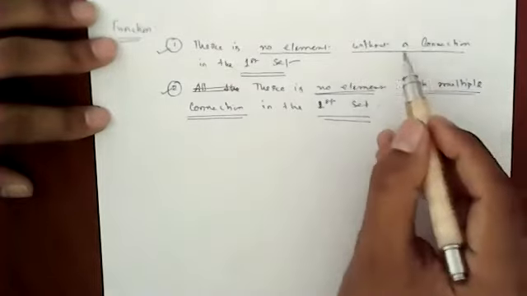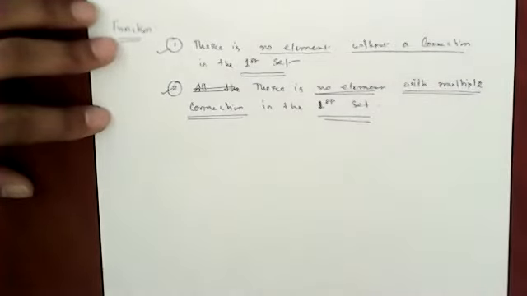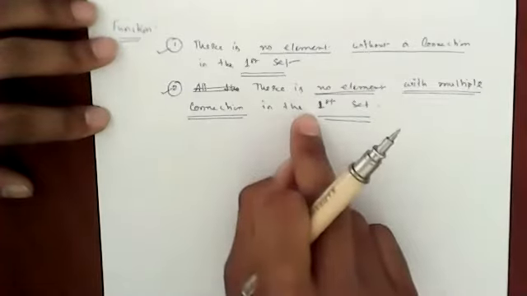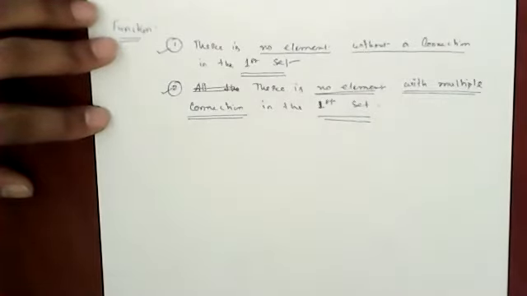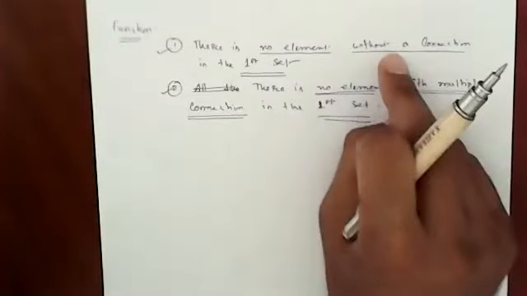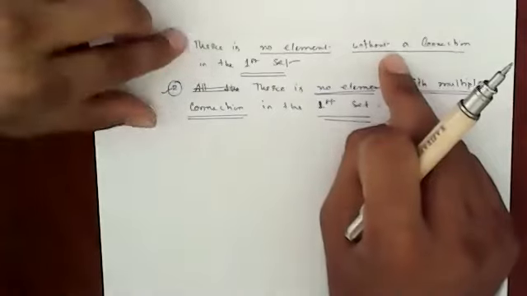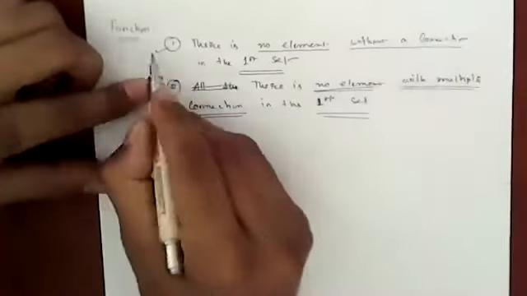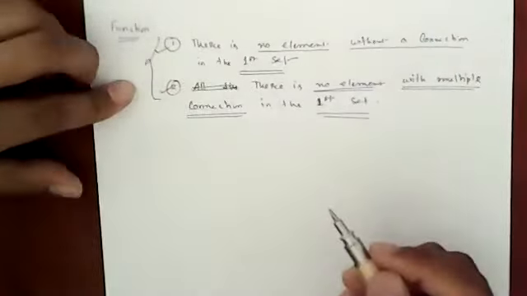According to the first condition, every element must have a connection. According to the second one, every element can't possess more than one connection. Multiple connection means more than one connection. So if we combine 1 and 2, what can we conclude?